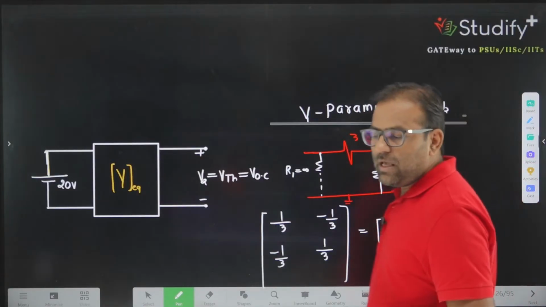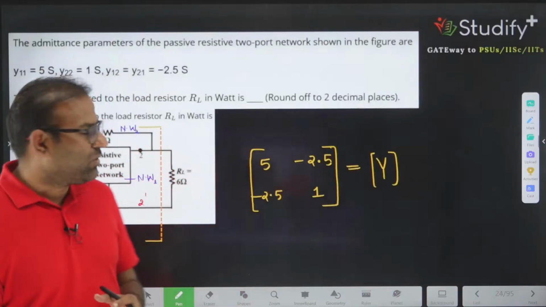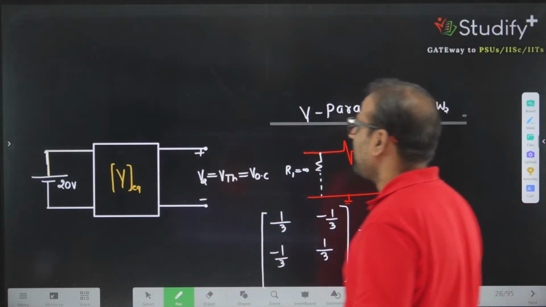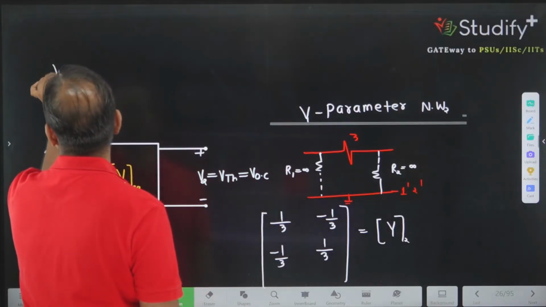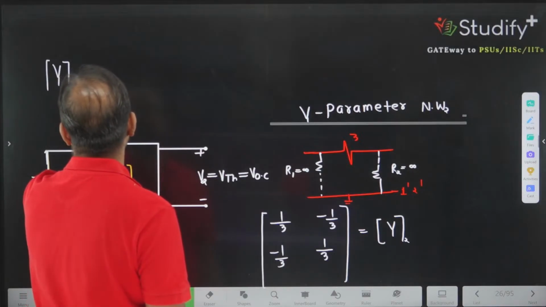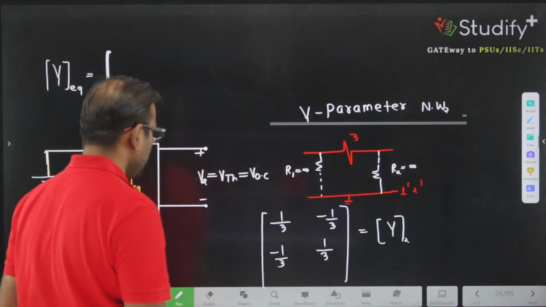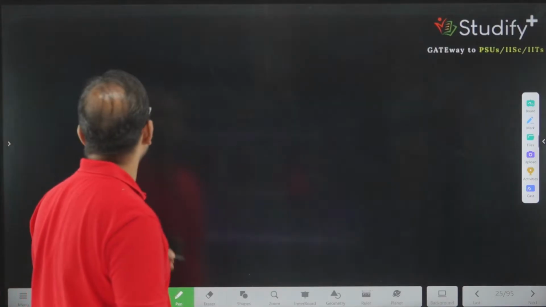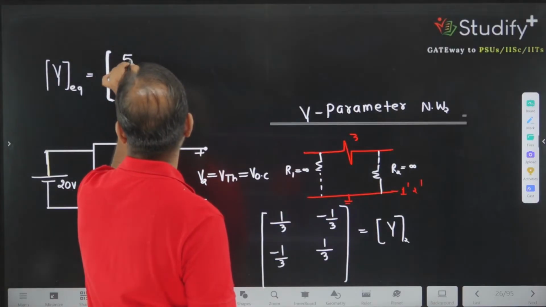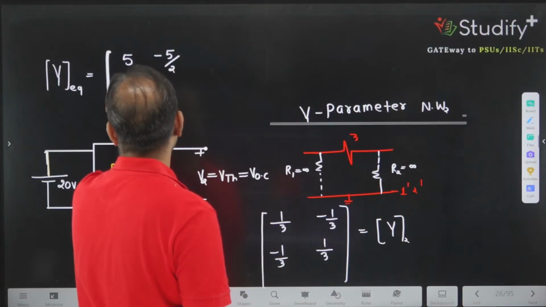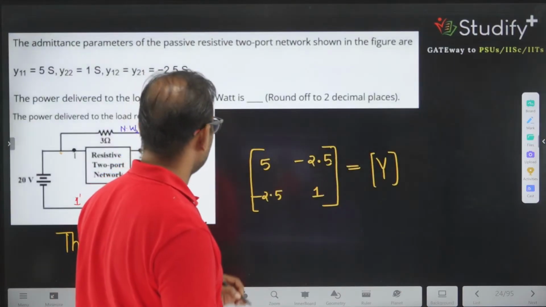Network number 2. If both Y parameters are given, and as you know that the equivalent Y parameter is summation of these two parameters. So can I say the equivalent Y parameter is summation of what? This is summation of the first quantity which is given by 5, minus 5 by 2, minus 5 by 2 and 1.